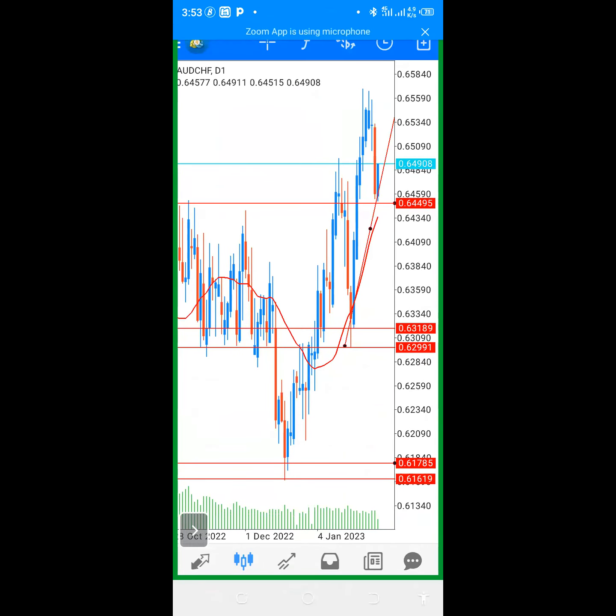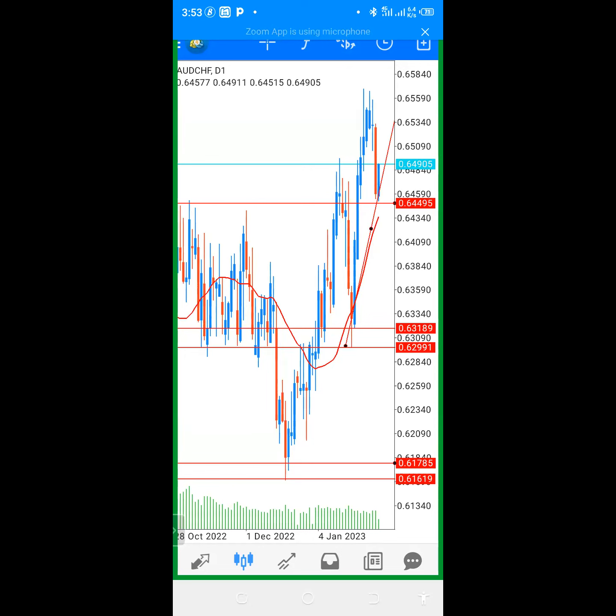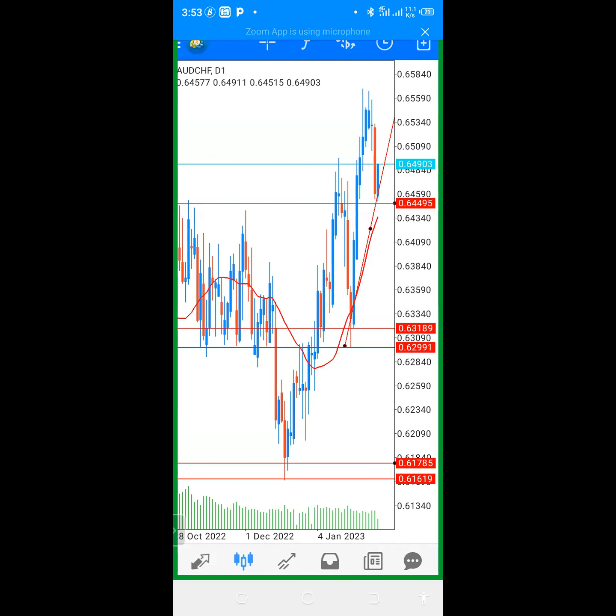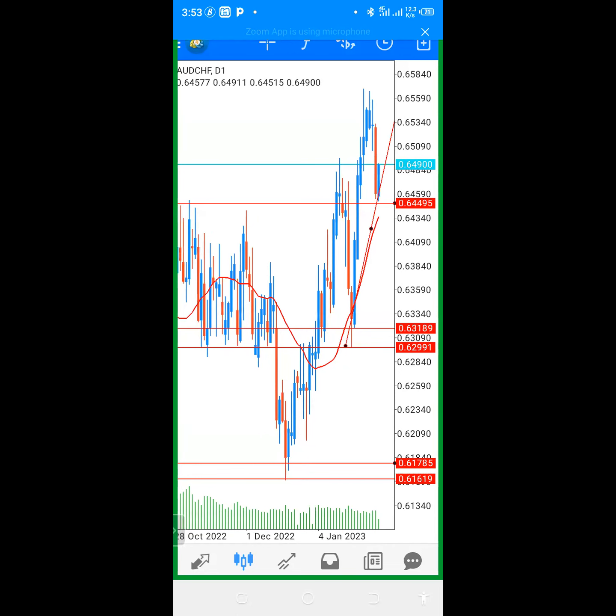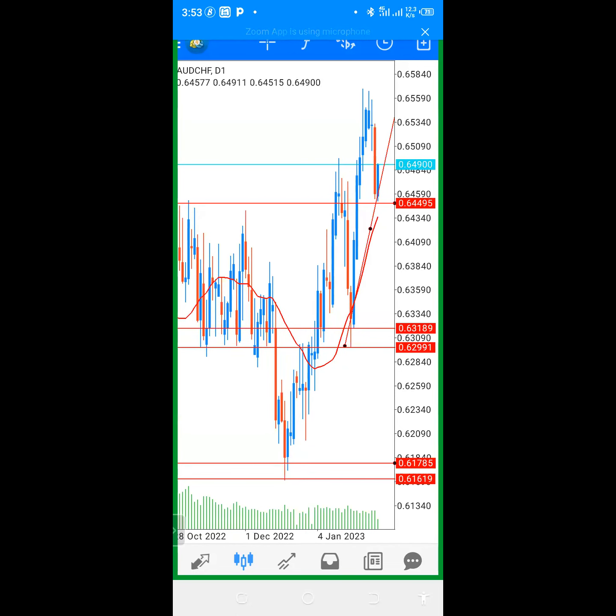So delete the trend line. Press the trend line again, hold it. Now click on that dustbin icon.